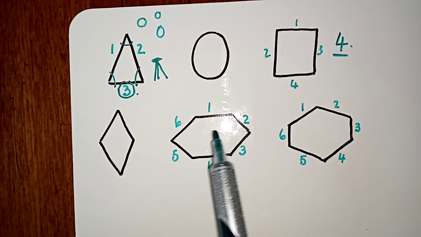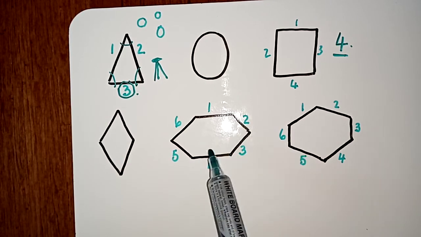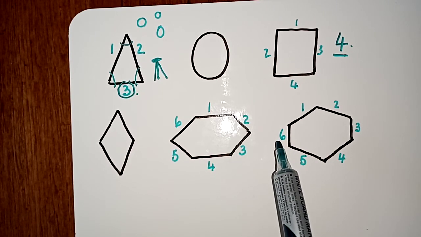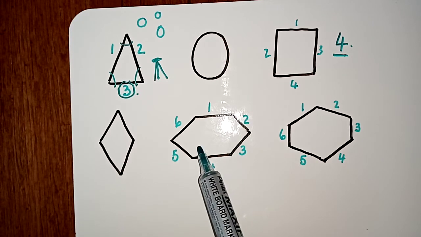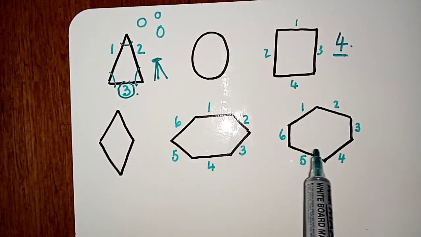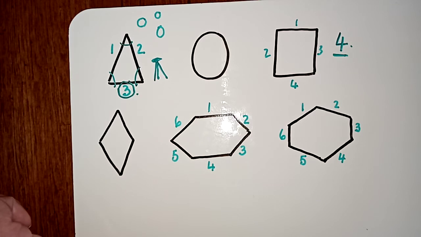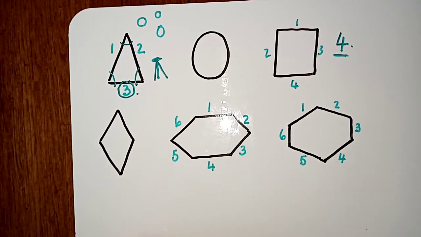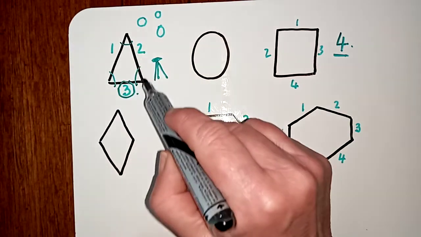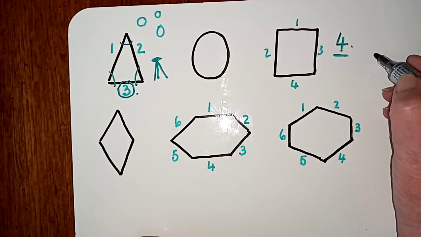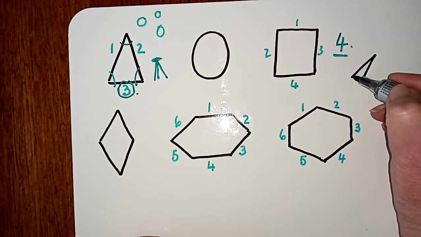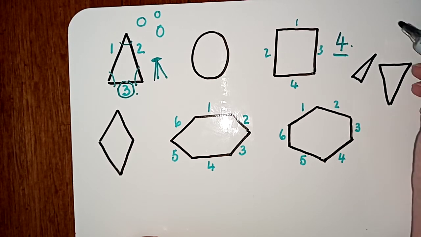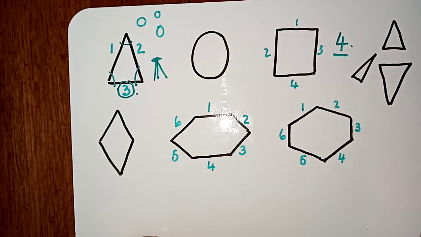So now, these two shapes look very different from each other, but they have 6 sides, so they are both hexagons. It's the same as a triangle. If you draw a triangle that looks like this, or like that, or like that, it doesn't matter.